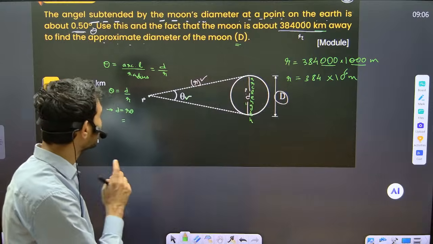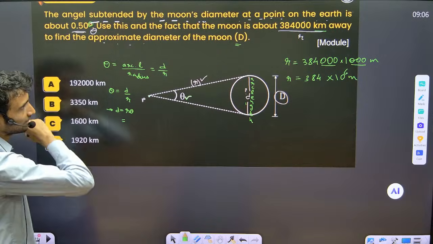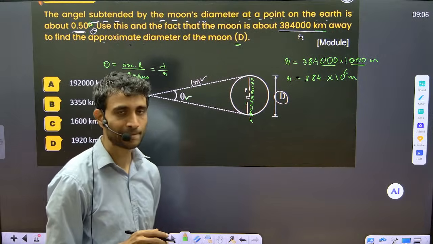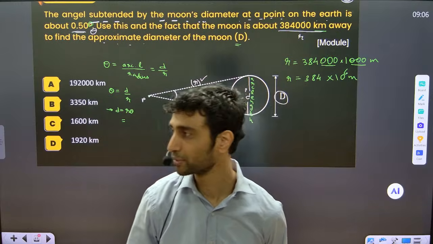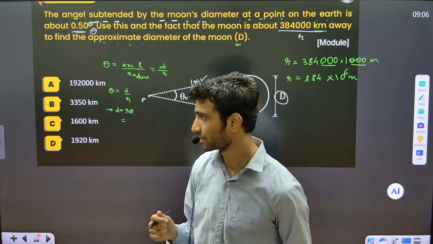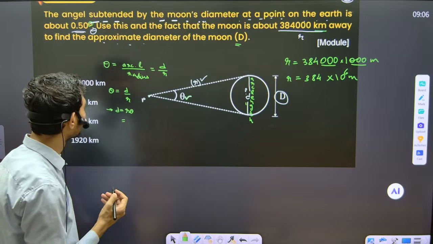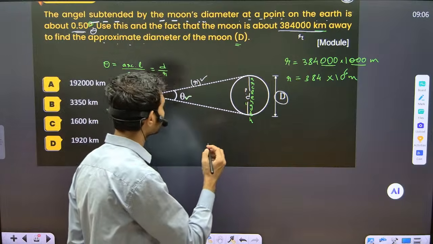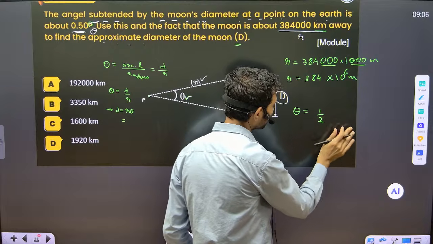But the problem of theta is still not solved because theta is still given in degrees, right? So that needs to be converted into the standard angle. And which is the standard angle? As we have been doing, the standard angle is radians, right? So let's convert it into radians. Now how much is theta given?